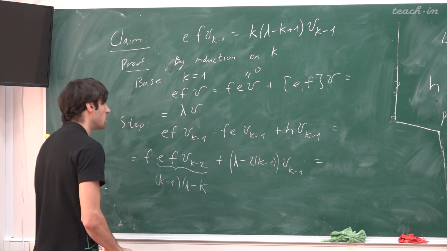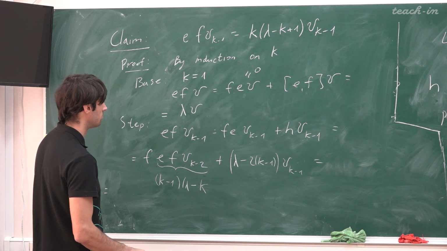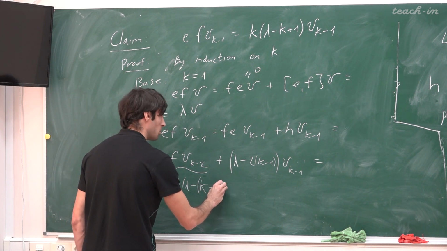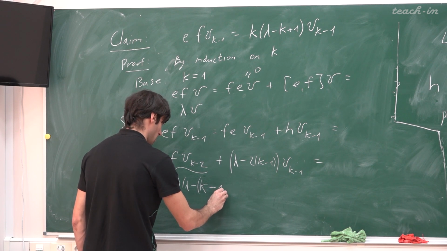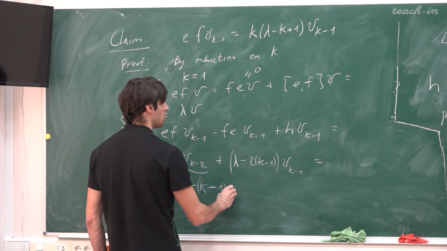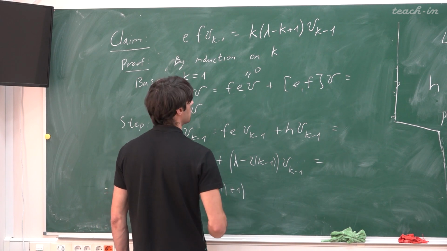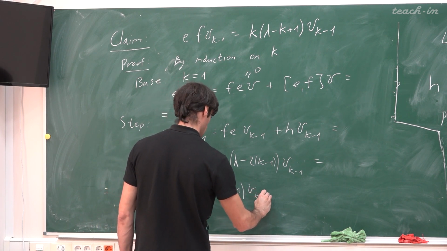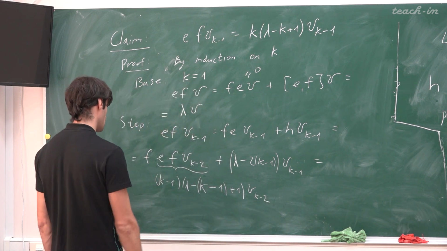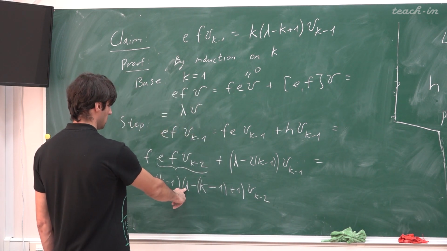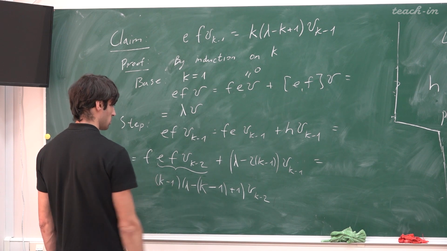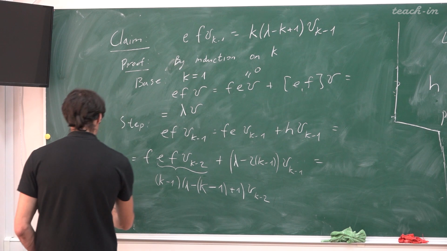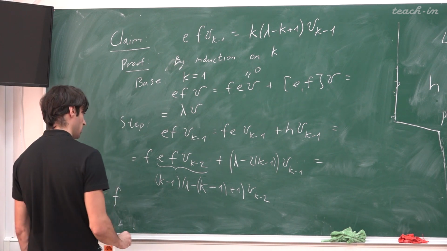Instead of k, let me be more accurate: k minus 1 plus 1, times v k minus 2. So k minus 1 lambda minus k plus 2, v k minus 2. Okay, so this is F.